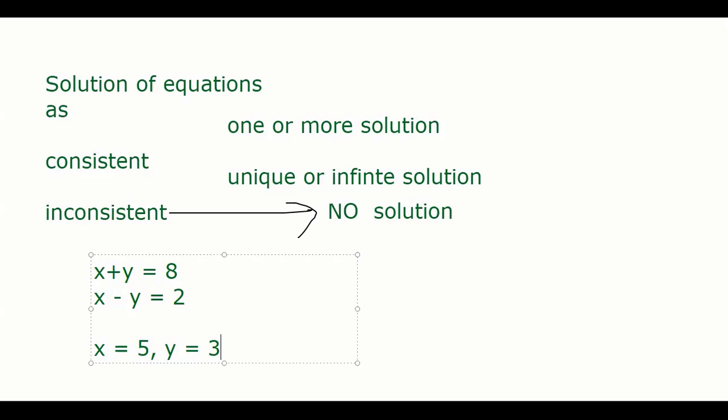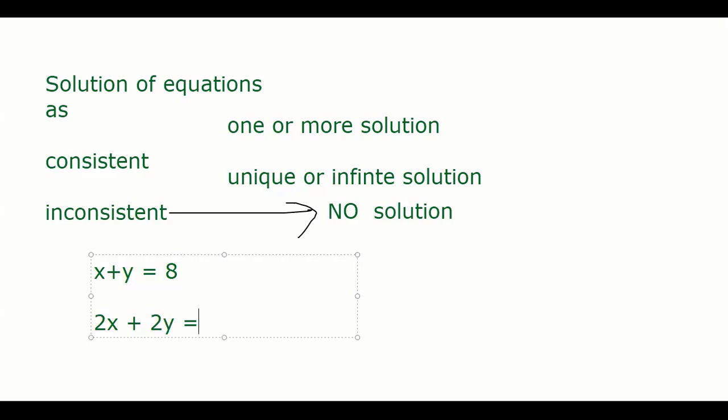Take the second case now. Clear everybody? Second case. अगर मैं equation ऐसा लिखता हूँ x plus y equal to 8 and 2x plus 2y equal to 16. So this set of equations, infinite solution. You put any value of x, get a value of y. Suppose x equal to 5, y equal to 3. One solution is this.